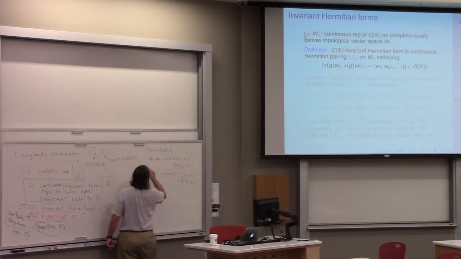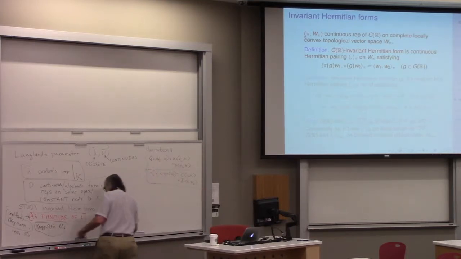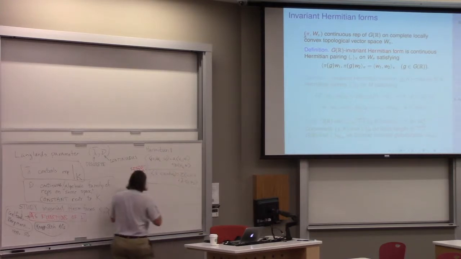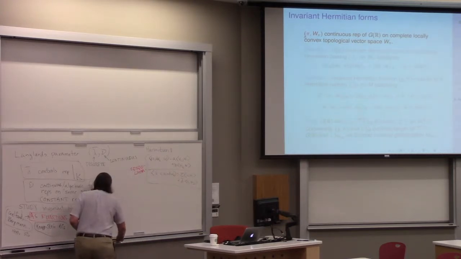So these two conditions are what I'll call sesquilinear. So linear in the first variable and conjugate linear in the second variable.